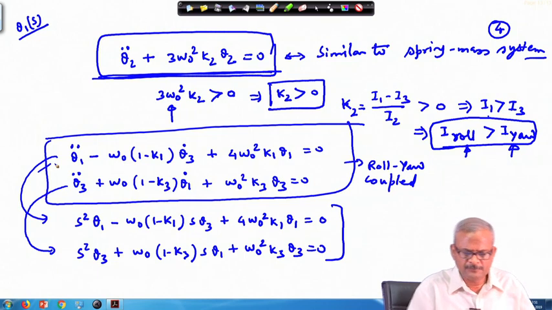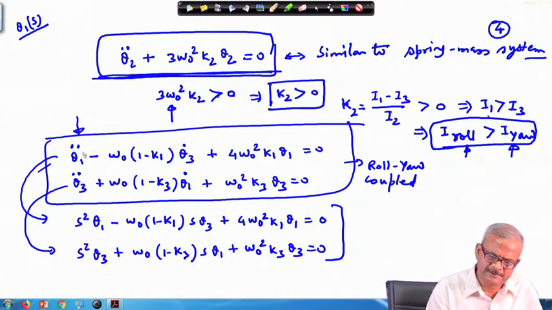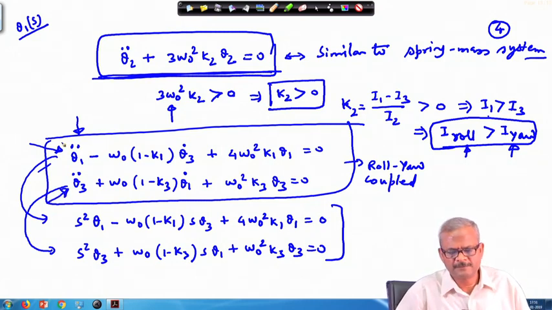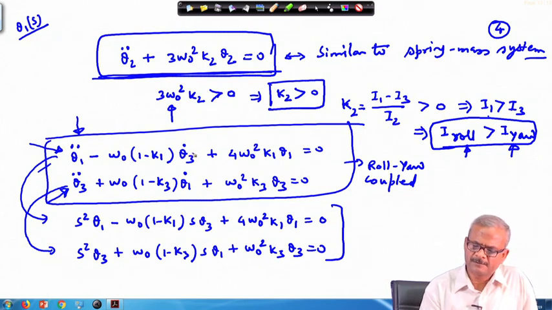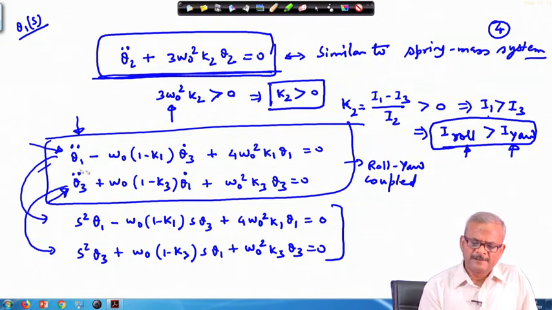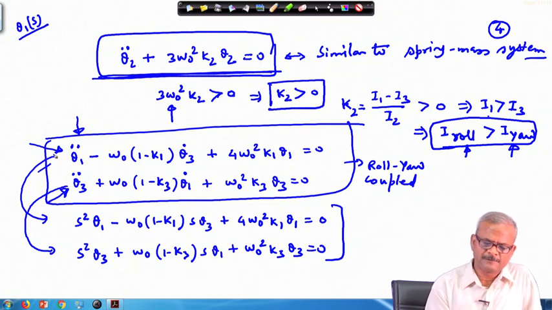As I have told you, I could have double differentiated this equation and then inserted from the other equation to get a single equation, eliminating theta 3 dot from this place. And we would get a quartic equation, a differential equation of order 4 in theta 1.